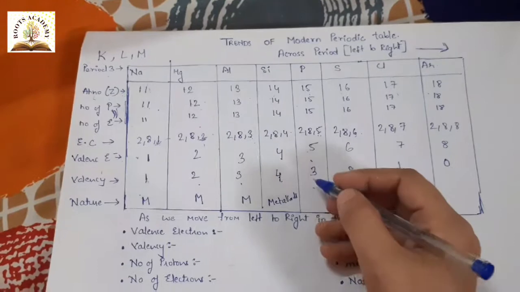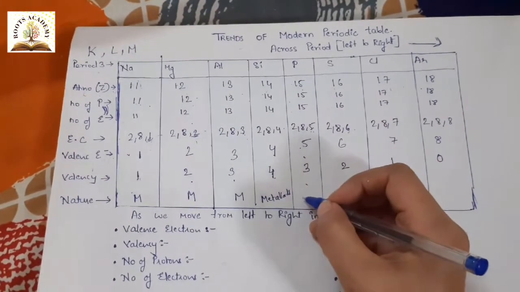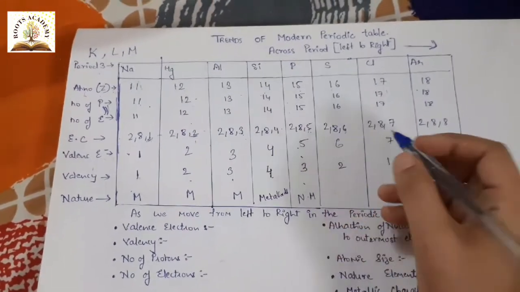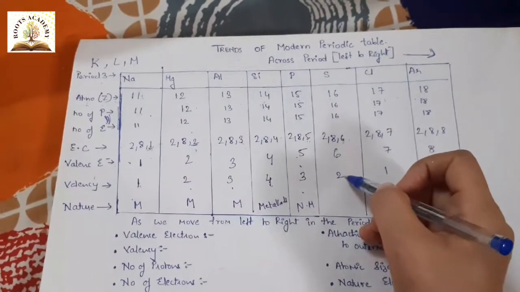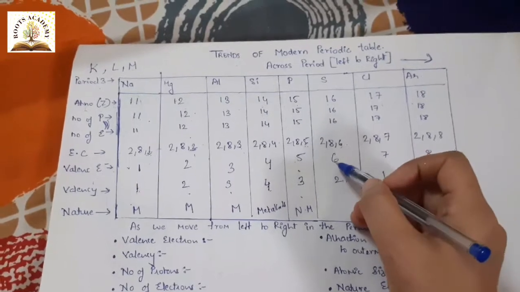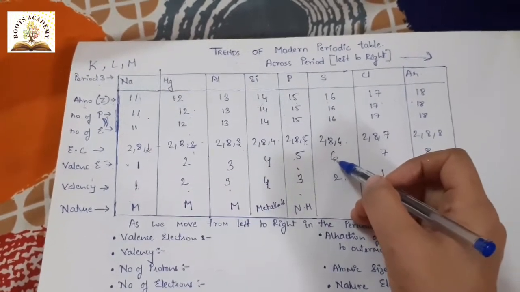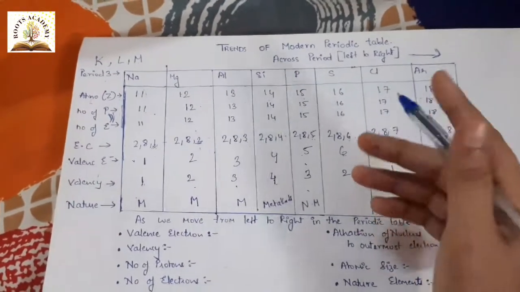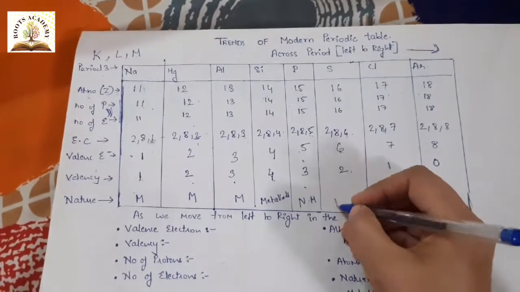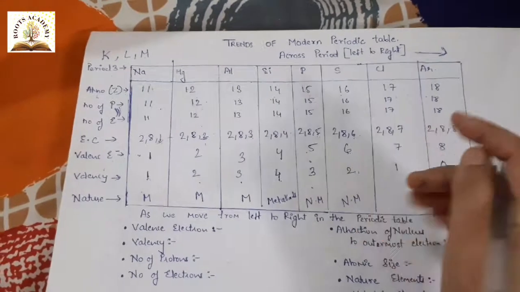So as phosphorus is accepting electrons, it is a non-metal. Sulfur valence electron is 6, valency is 2, meaning sulfur has 6 electrons in the outermost orbit, so obviously 2 more electrons are required. So sulfur is accepting 2 electrons, again it is gaining electrons, non-metal.